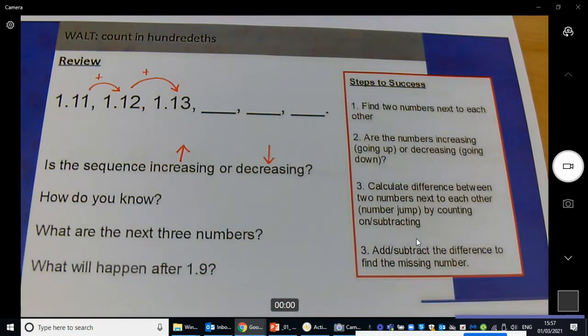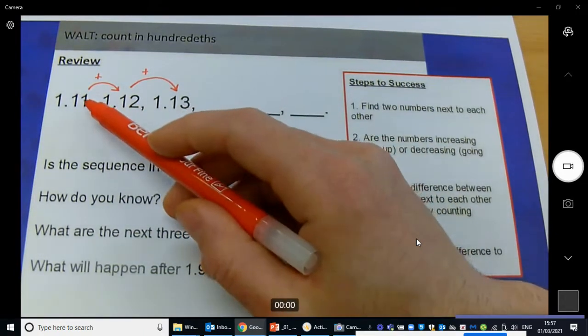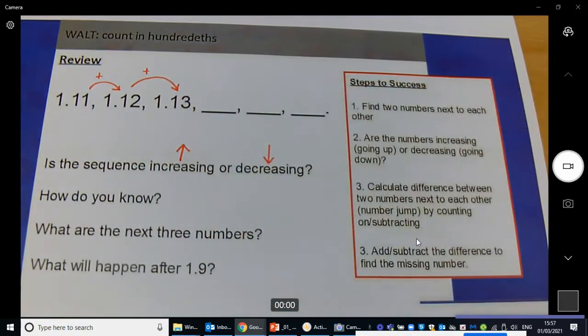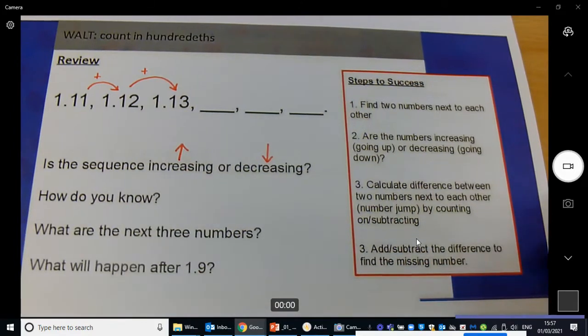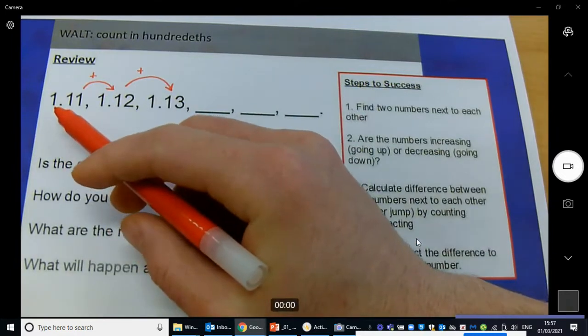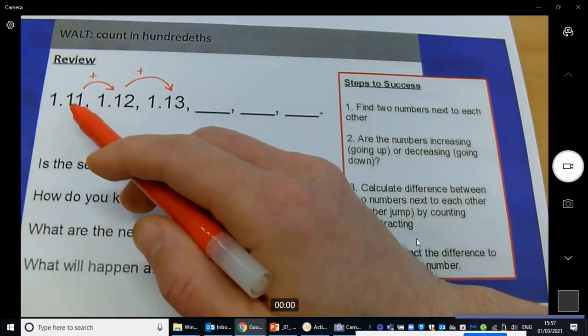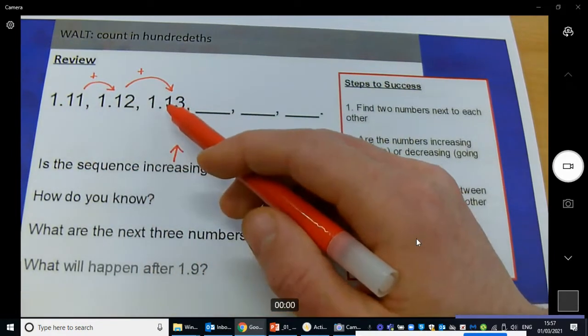Then what are the next 3 numbers? So in order to do that, I need to find out how much this sequence is increasing each time. Or the number jumps. What number jump is it making each time? Well, I can see it's not going up in ones because the ones are staying the same. It's not going up in tenths because the tenths are staying the same.